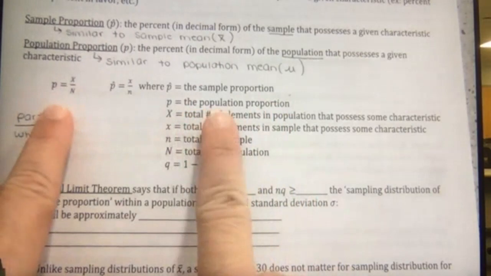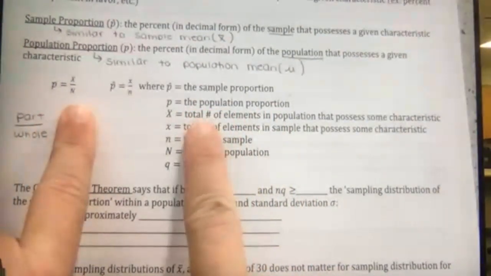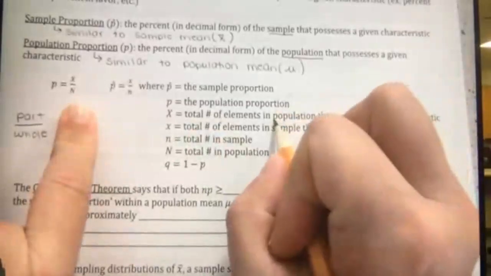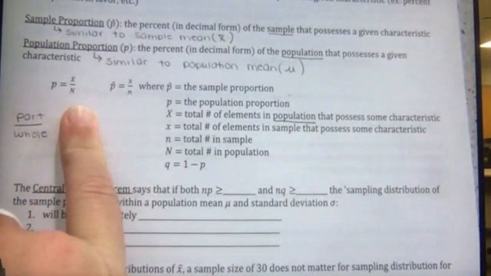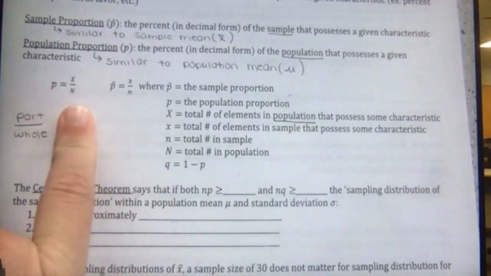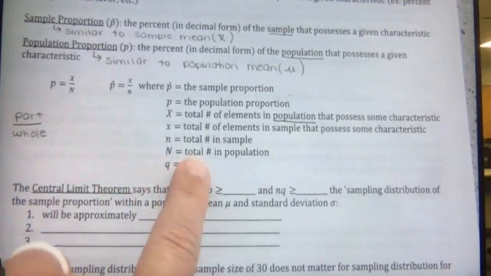So our p-value is our population proportion of capital X, which is a total number of elements in the population. So just like capital N means our population size, lowercase n is our sample size, uppercase X is talking about our number of elements in the population that possess a given characteristic, over capital N, which is the total in the population.